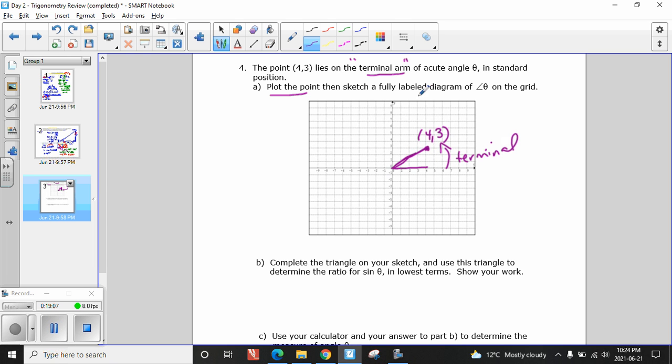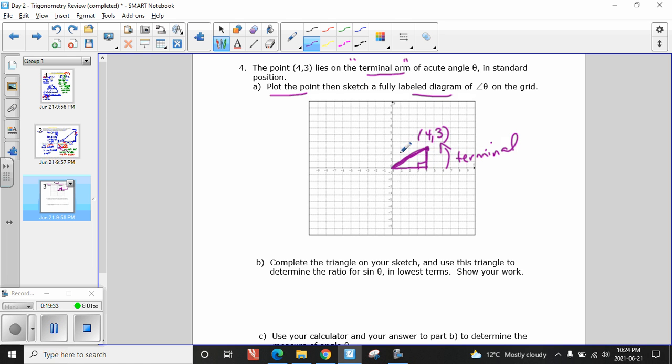And we're going to fully label this. So we've got a little bit more to add to this diagram. The terminal arm is the hypotenuse. I've marked off a right triangle by dropping a vertical line from the point to the x-axis and then using the x-axis as the other side. This is a right triangle.